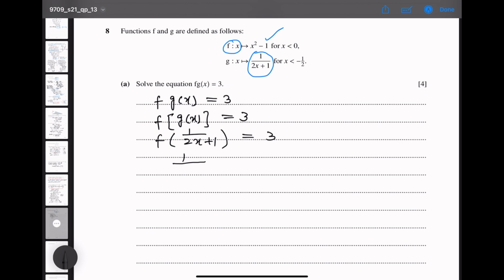We will take this as x in the original function f(x). This becomes (1 over 2x plus 1) squared minus 1 is equal to 3.